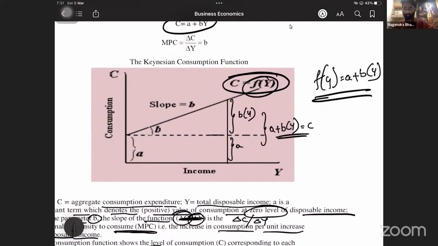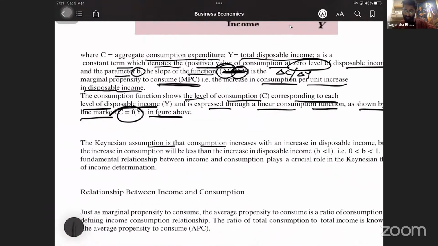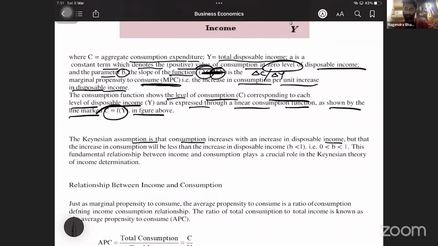This is also correct. The Keynesian assumption is that consumption increases with an increase in disposable income. But, very important, the increase in consumption will be less than the increase in disposable income. That means B is always less than 1. It is not equal to 0. That means if your income increases, obviously your consumption also increases.